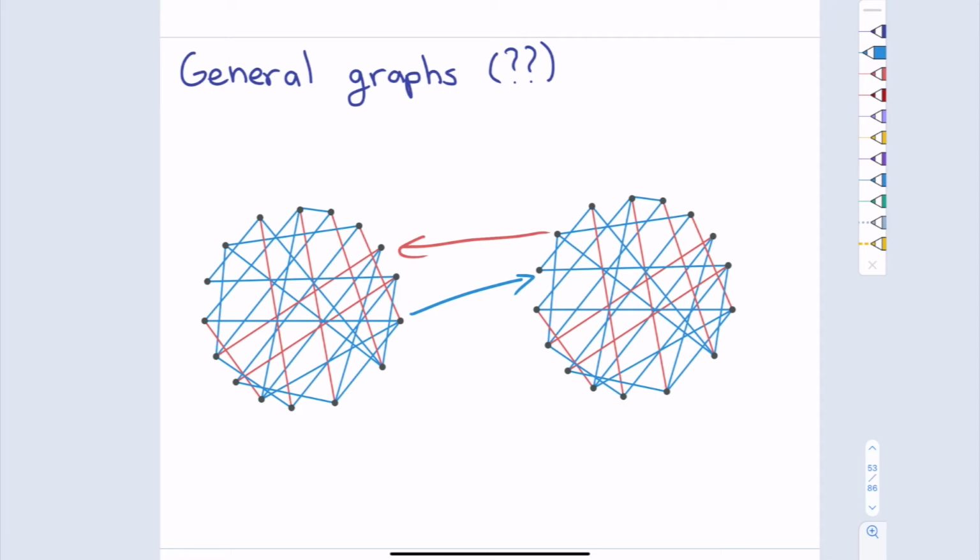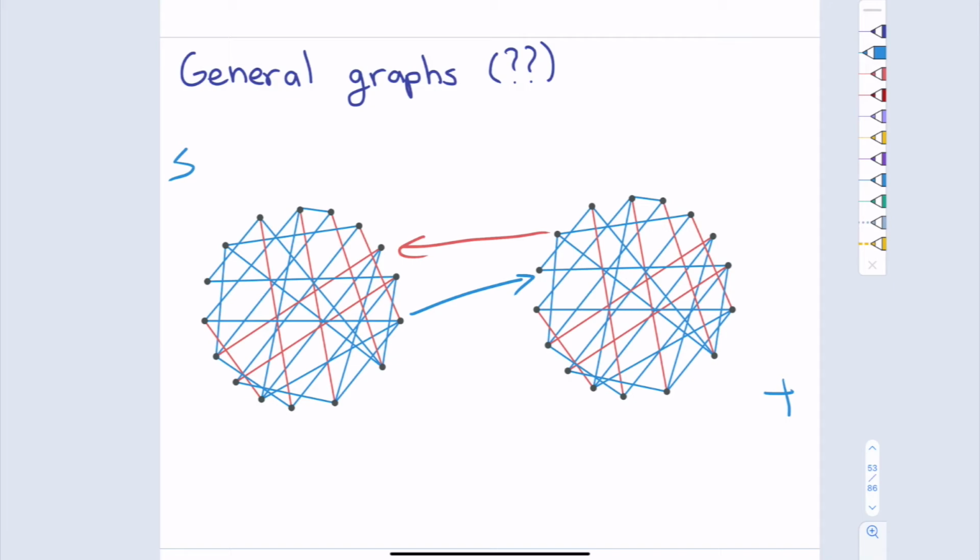Now, one issue though, and there may be some auxiliary super source and super sink, is that a path in this duplicated graph won't necessarily give you a path in the original graph. Because you may use vertex A on the left side and vertex A on the right side in your path in this bipartite graph. So it won't necessarily give you an augmenting path in the original graph, although there will be some kind of red-blueness going on.